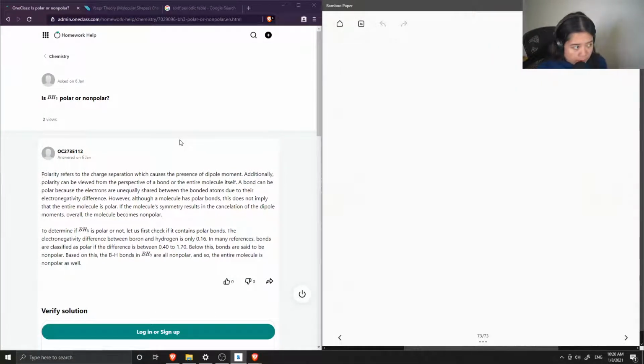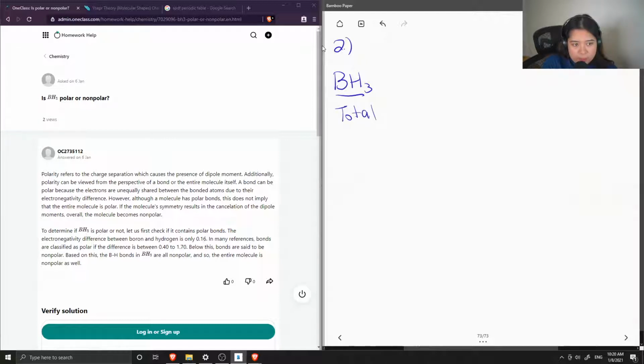Okay, so question number 2. Is boron trihydride polar or nonpolar? So first, let's find the Lewis structure of BH3. When we write the Lewis structure, we first need to find out the total valence electrons for this molecule.